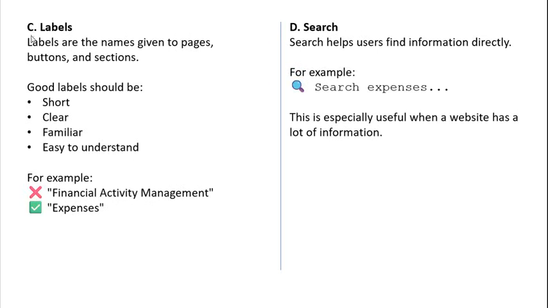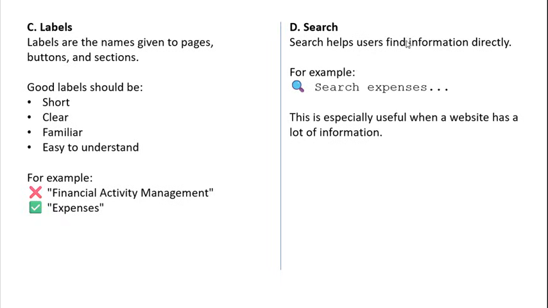Third is the label. Labels are the names given to pages, buttons and sections. A good label should be short, clear, similar and easy to understand. For example, financial activity management is a long name, so a good label is simply expense. Fourth is search.